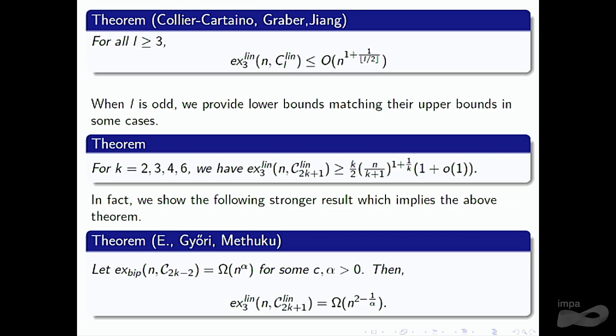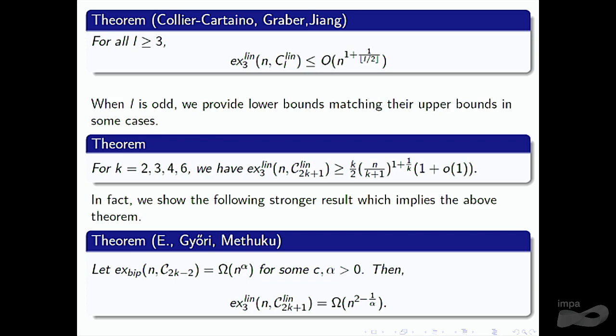So, a conjecture, I forgot whose conjecture. Abhishek, you would know. The conjecture is that this number is n to the 1 plus 1 over k. And so if the conjecture is true, the lower bound of this extremal number is true, then when we insert it in our theorem, everything gets sharp for even cycles.